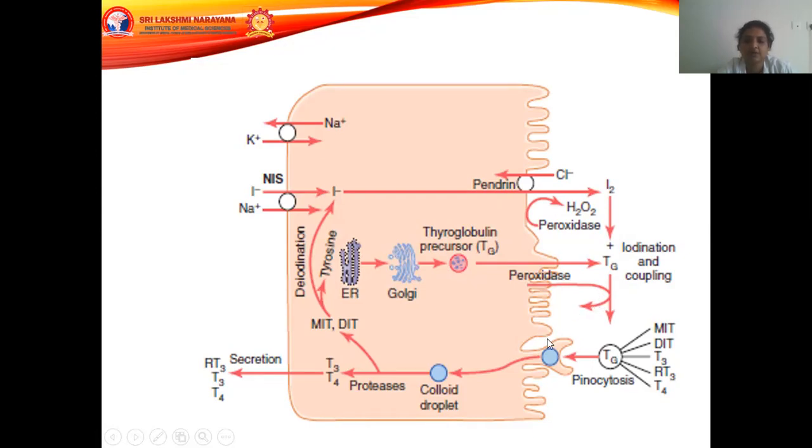This finally helps in the formation of monoiodothyronine and diiodothyronine, and this enters back into the follicular cells and is secreted into the blood as T3, T4 and reverse T3.